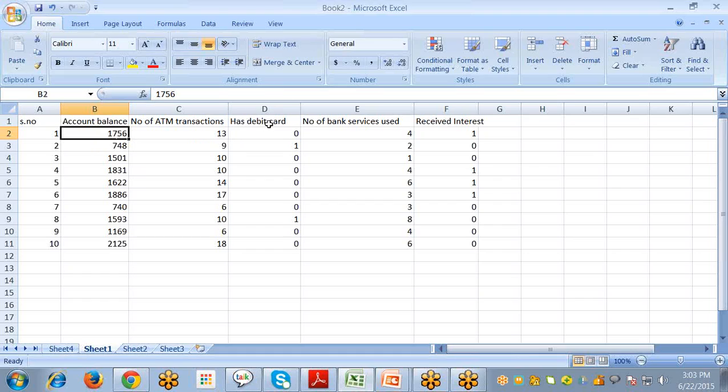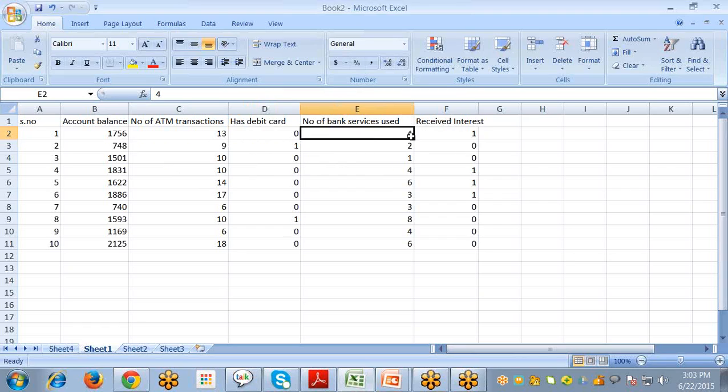And the third column is has debit card, which means whether there is a debit card for this account or not. So 0 represents that there is no debit card, and 1 represents that they have a debit card. And number of bank services, that means how many services this account has used.